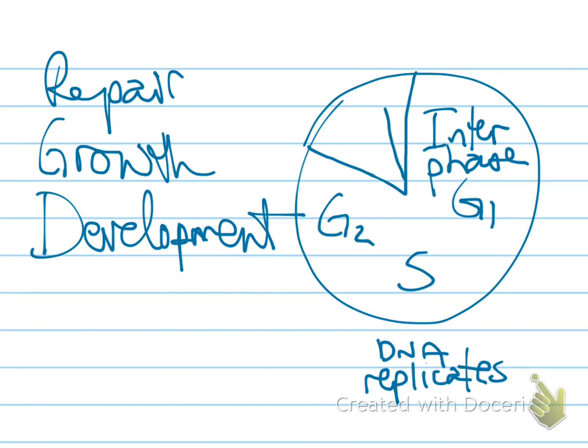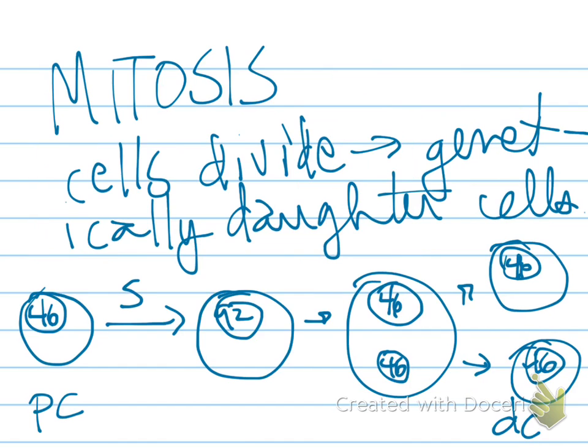Once the cell enters mitosis, in a series of 4 steps, we'll abbreviate them for now, P, M, A, and T, it divides the nucleus into 2, which is what we did right here. This is the whole mitosis part.